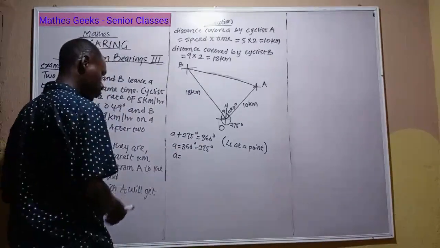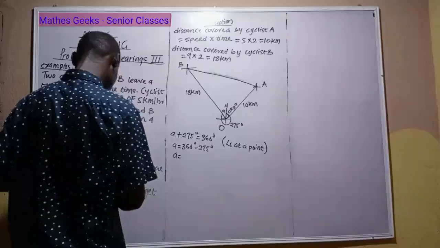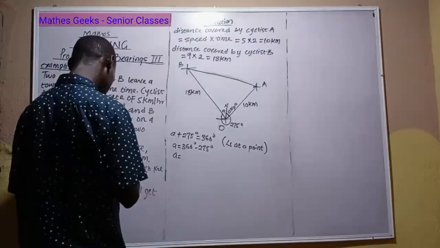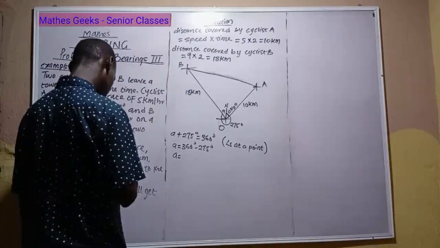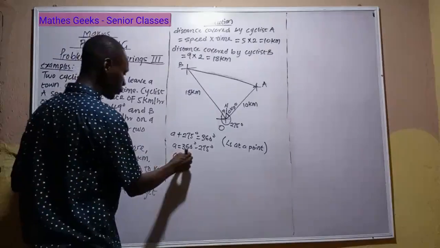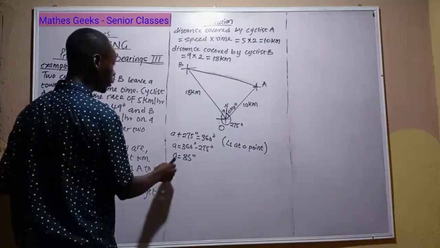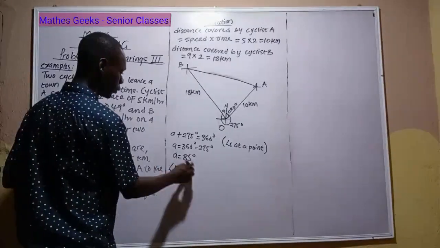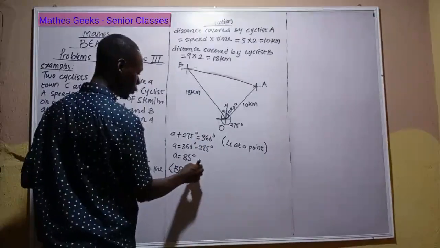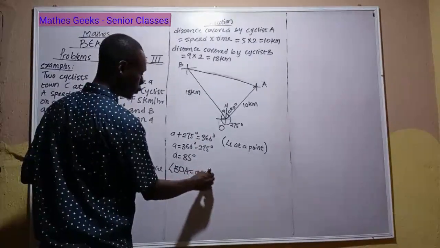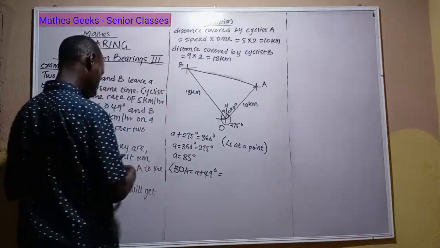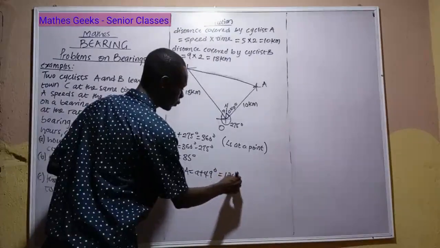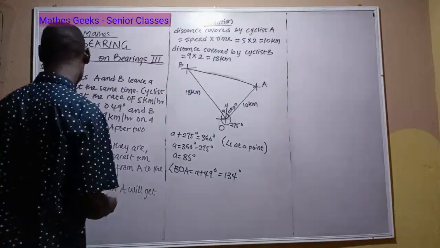So E is equal to 85 degrees. Then angle AOB, which is this angle here, is equal to E plus 49 degrees. That will give you 85 plus 49, 134 degrees.